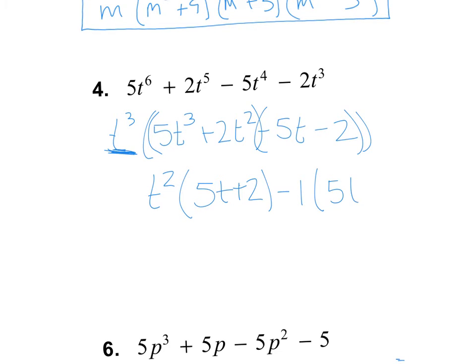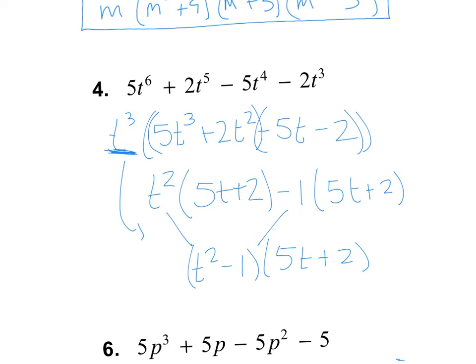So 5t plus 2. And then remember what we do here, we bring these together. So it's t squared minus 1, 5t plus 2. Then we can bring this down, t to the third.